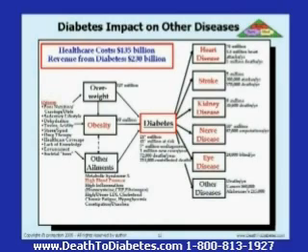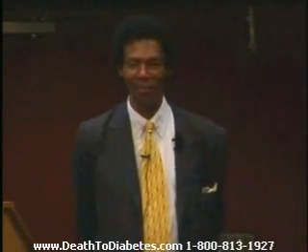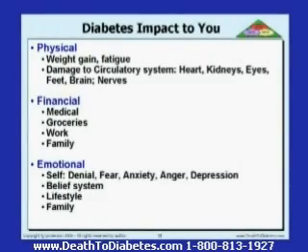On a personal level, because most people really don't care that there are 21 million diabetics. When they first told me, at that time I think it was 17 million, I didn't care. I don't care about the other 17 million people. But on a personal level, this disease affects you physically, emotionally, financially, on many different levels.